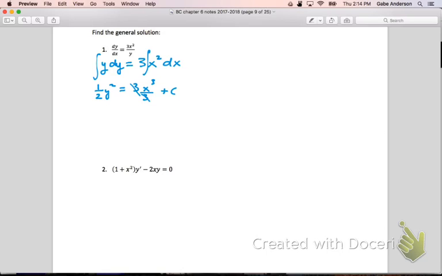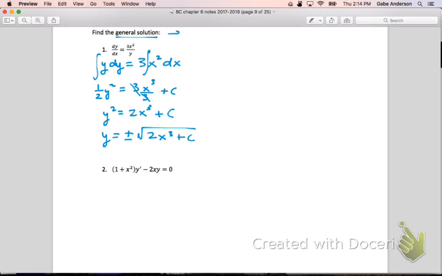I would then multiply everything through by 2, so y squared is equal to 2x cubed plus 2c, and of course we've talked about this in the past. 2c is just some other constant, and so I'm going to represent that with just another c, realizing that those two c's are different. We've used the subscripts before, but I think I'll forego that for now. And then finally we would square root both sides, so plus or minus the square root of 2x cubed plus c. So that is an example of how we could find a general solution.